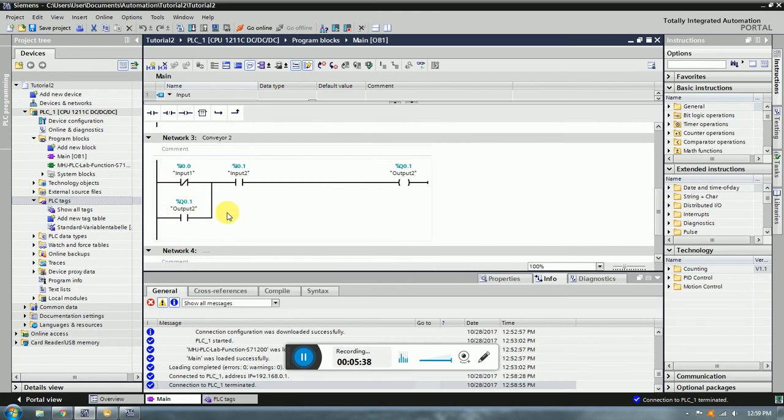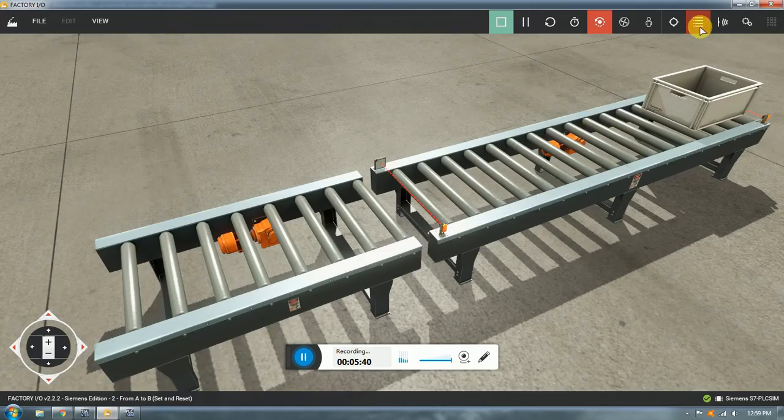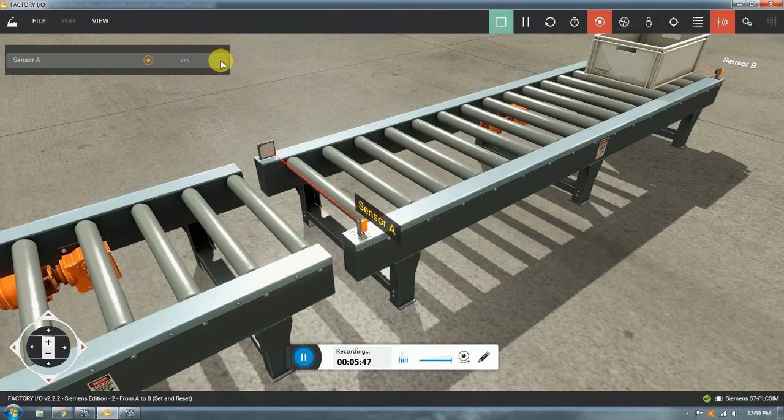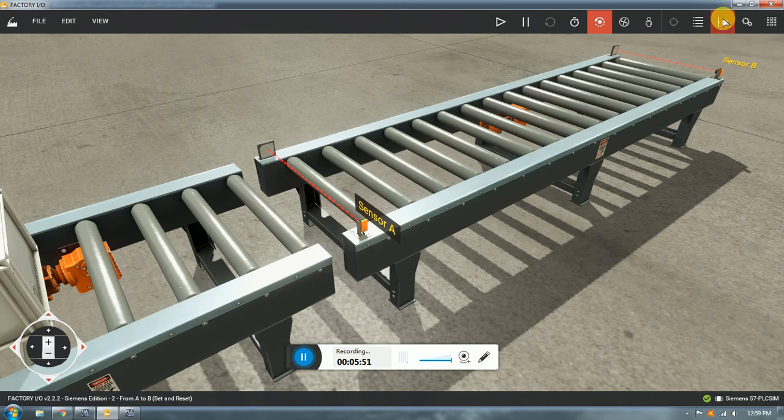Remember these photosensors are already yellow because they're already on. This type of retro-reflective sensor works in the opposite way. It is normally closed, so it sends the energy when it doesn't detect anything because of the reflector, but when it does detect something, it doesn't send the current to the PLC.